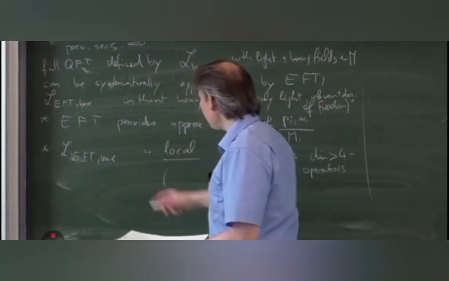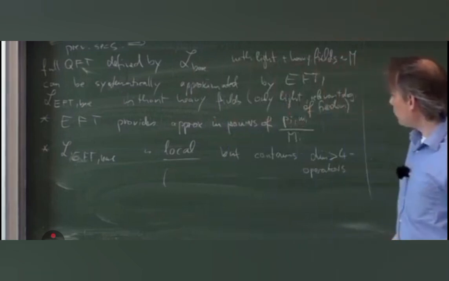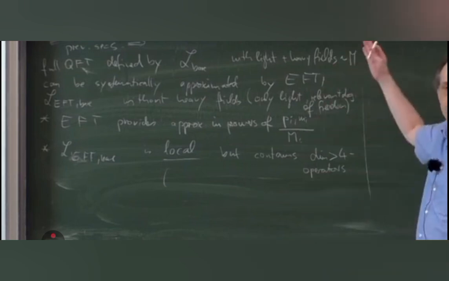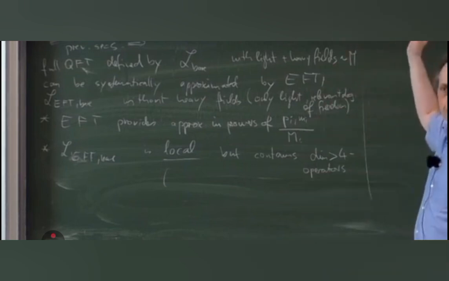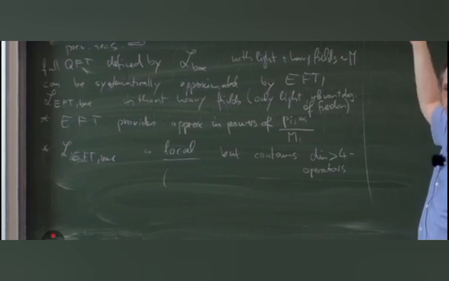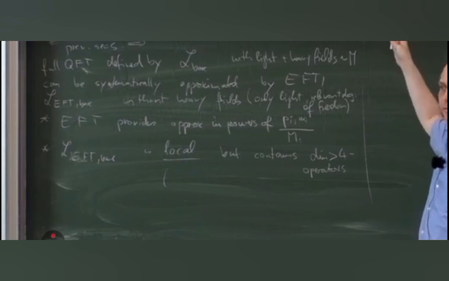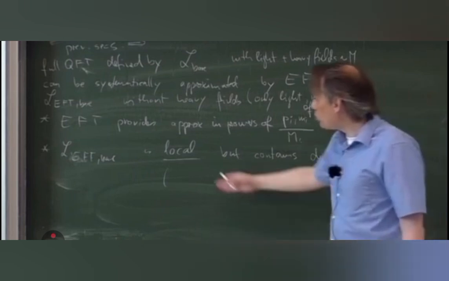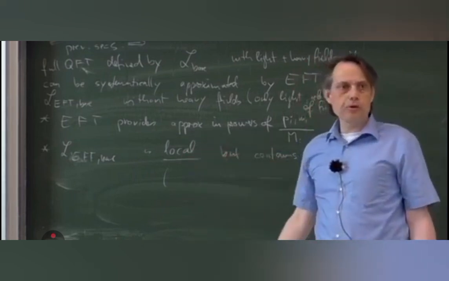And the interpretation is that these higher dimensional operators encapsulate the non-local contribution of the heavy states. Like we just saw in the case of the muon loop to the photon self-energy, the muon is actually a non-local line in the Feynman diagram, but we can approximate the result of the diagram by a polynomial in the external momenta, which gives rise to local contributions in the EFT Lagrangian.